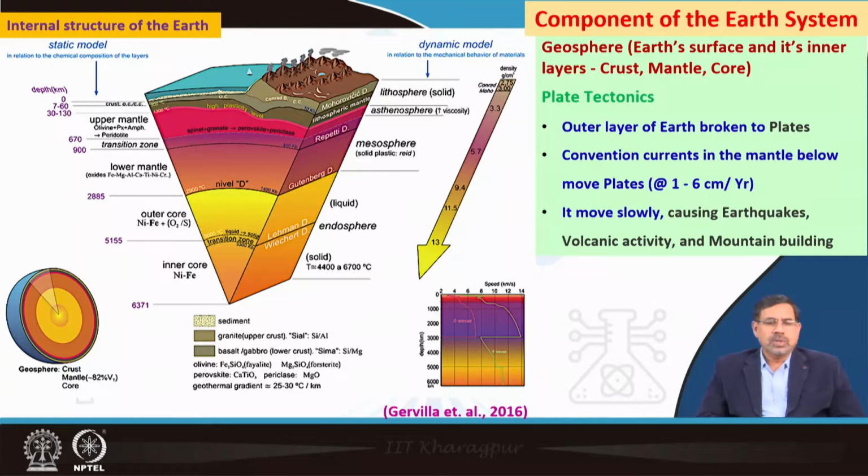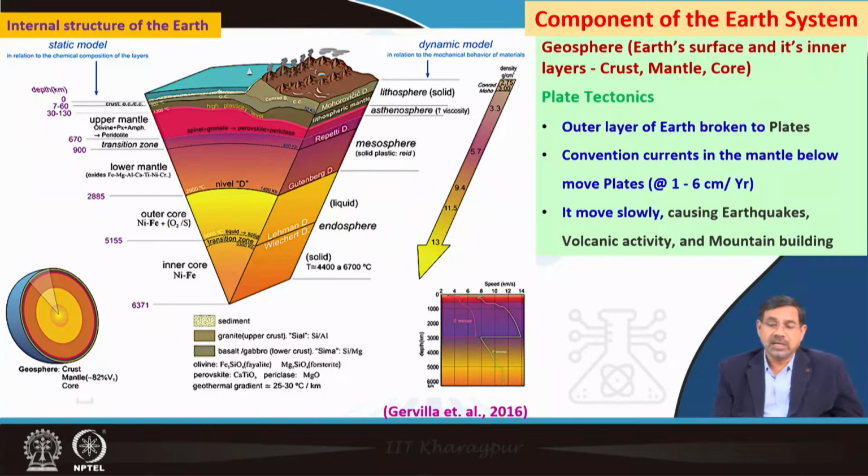Similarly, let us go to the other part, the geo, the Earth. A vertical cross section has been shown here. This goes down to 6371 kilometer depth, as far as the radius is concerned. On the upper side we can see the upper part of the Earth's surface, which we call the lithosphere, and down below as we go in, the asthenosphere, the mesosphere, the endosphere, and the solid.